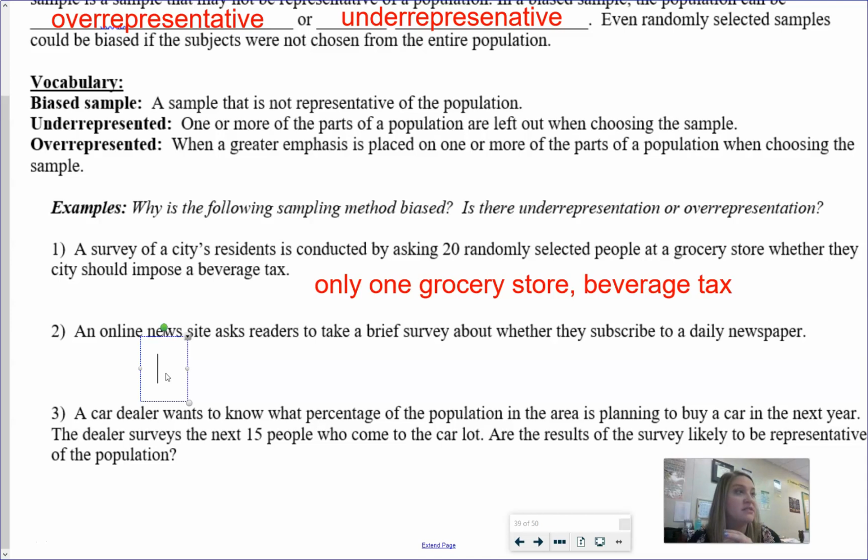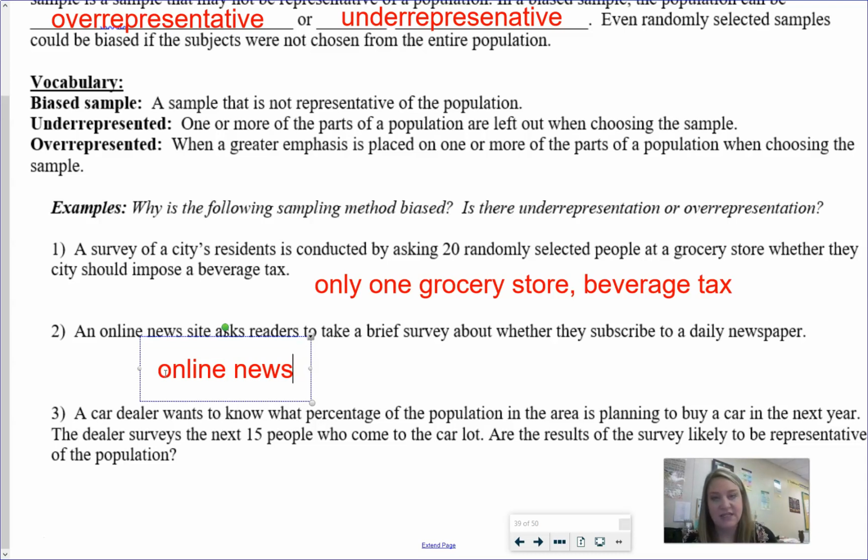An online news site asks readers to take a brief survey about whether they subscribe to a daily newspaper. Okay, well, what's wrong with this? It's an online news site, right? Online news, if they're asking if people get an actual newspaper. Well, if people are already coming to this website to get their news, then they're probably not getting an actual newspaper.